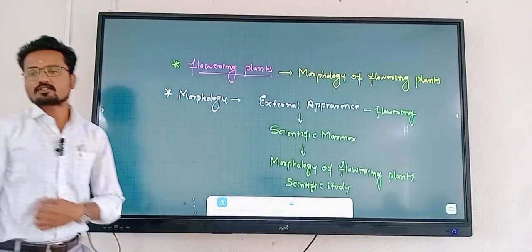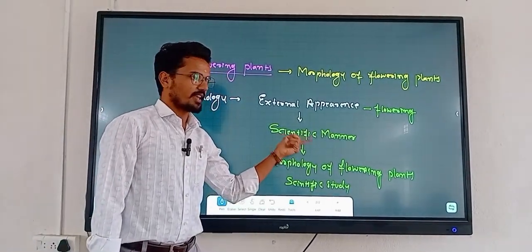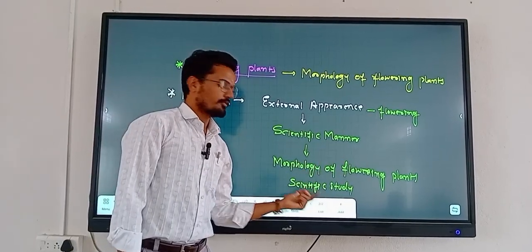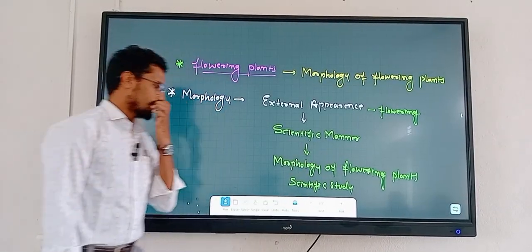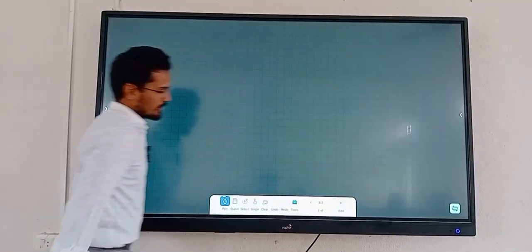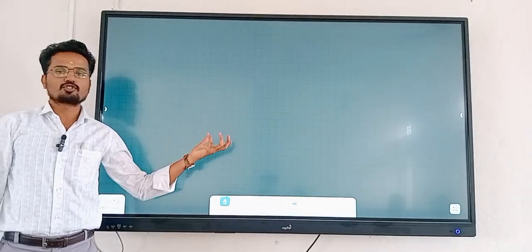The external appearance of the flowering plants, studied in a scientific manner, is called the morphology of flowering plants. In the next slide we will see how this chapter is going to go deep.